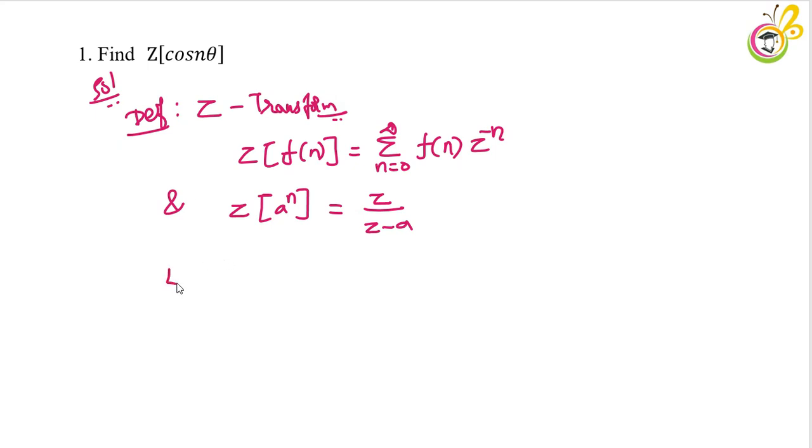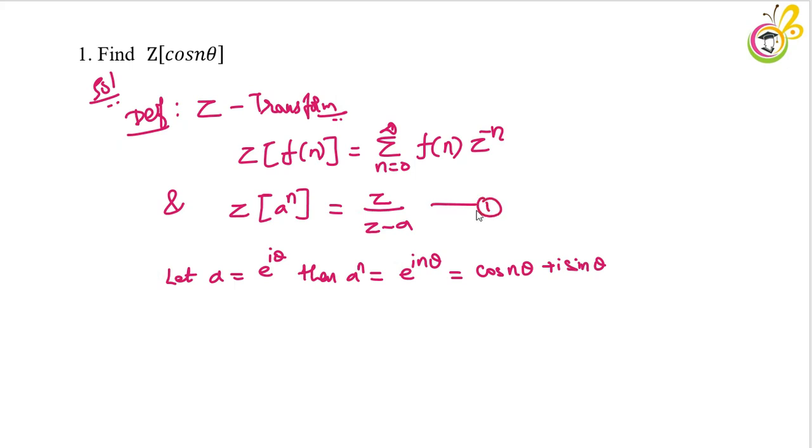So let us consider a equal to e power i theta. Then a power n is what? It is e power i n theta, which can be written as cos n theta plus i sin n theta by using polar form.